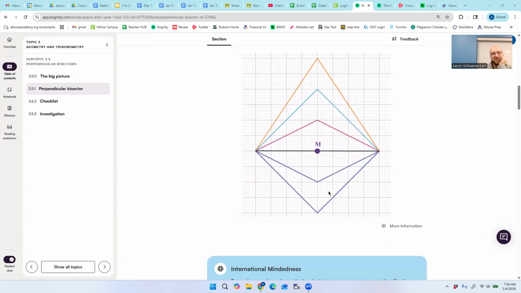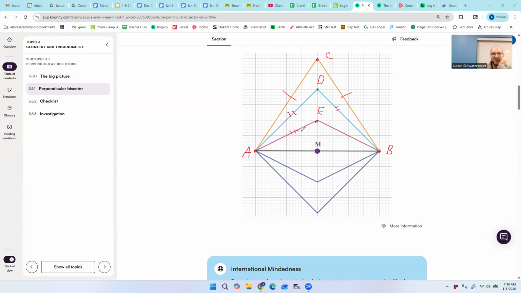So we can see here in this activity, I've got points, we'll say A and B here at the end. C, AC is equal to AB, or AD is equal to BD.